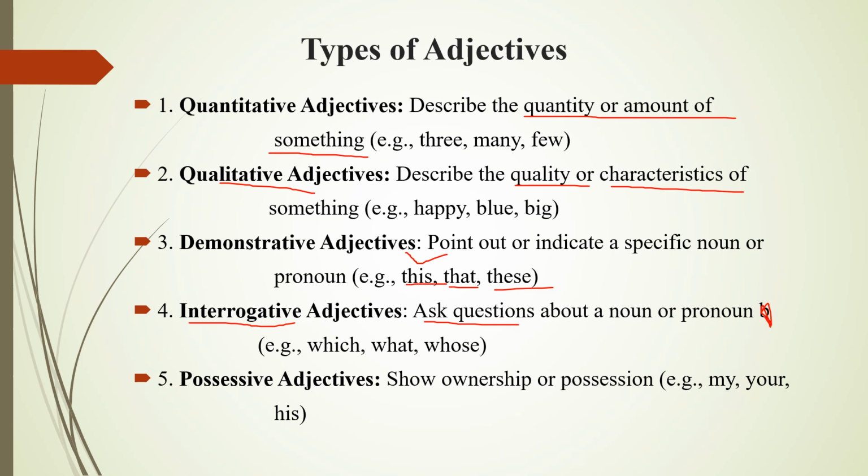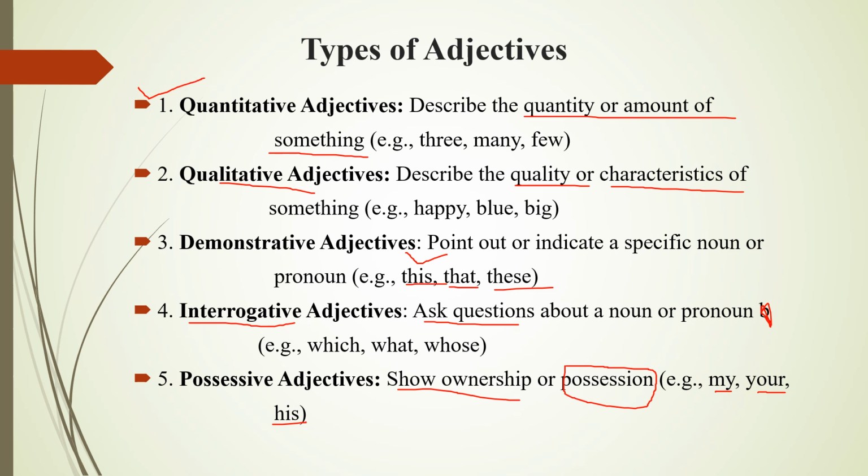Possessive adjectives show ownership or possession. Any possession is shown by this kind of adjectives, like my: this is my pen, that is your book, etc.